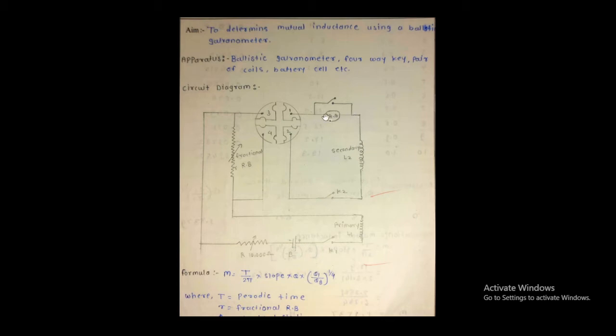As usual, it is the ballistic galvanometer and it is connected to this tap key in order to control the spot on the horizontal scale provided to the lamp and scale arrangement.